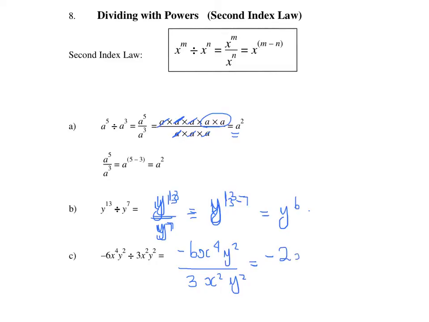Then using the index law, x to the power 4 minus 2, and then y to the power 2 minus 2. The answer is negative 2 x to the power 4 minus 2, which is x squared. Y to the power 0, well, any term to the power 0 is just 1. So the answer for that one is just negative 2x squared.